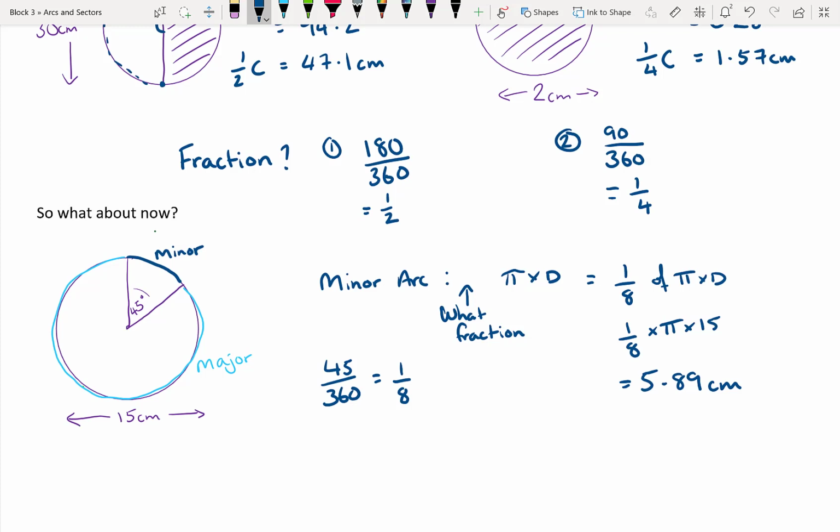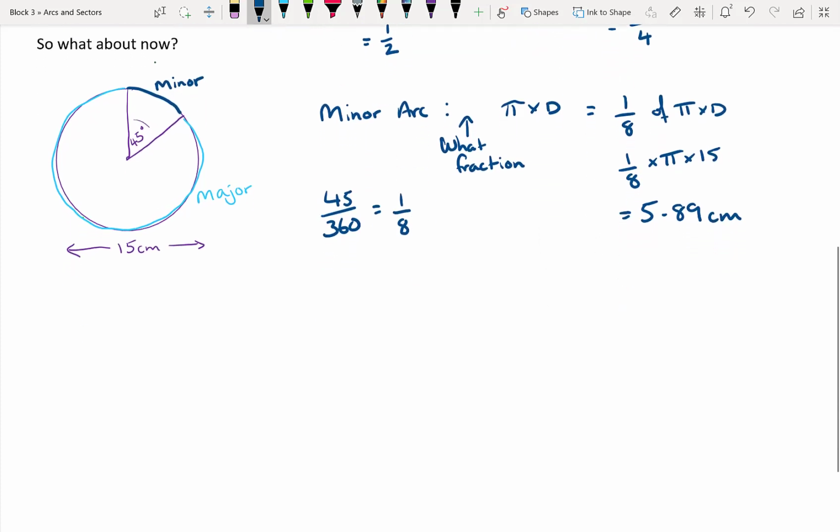What happens though if our fraction can't be simplified? Or what happens if we had that fraction but we weren't able to spot that it could be simplified? This is where our formula is going to come in handy. In general, our arc length is equal to the angle over 360 times pi times diameter.